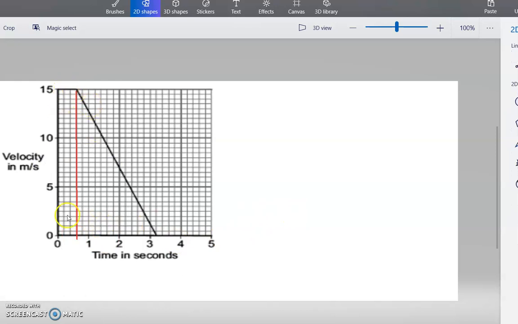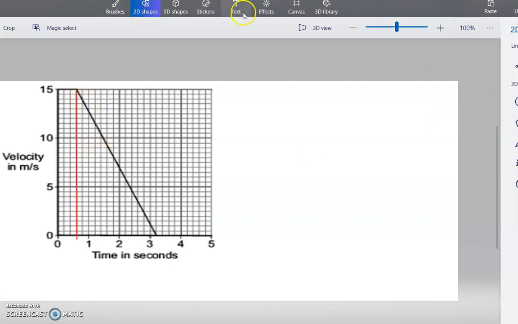This bit here, from 0 to 0.6 seconds, the car is moving with a constant speed, and this is the reaction time. And from this moment, the car is slowing down. That means that the brake has been applied and we have deceleration.